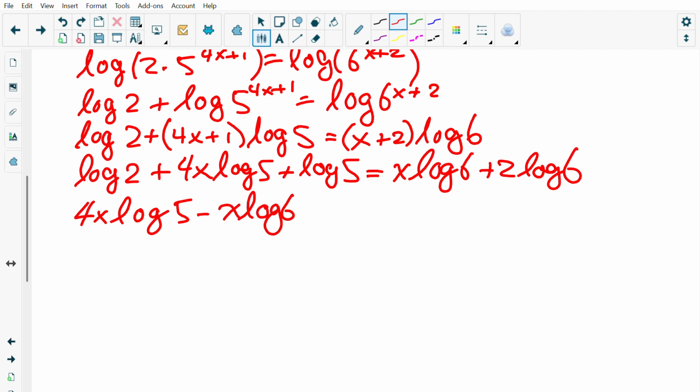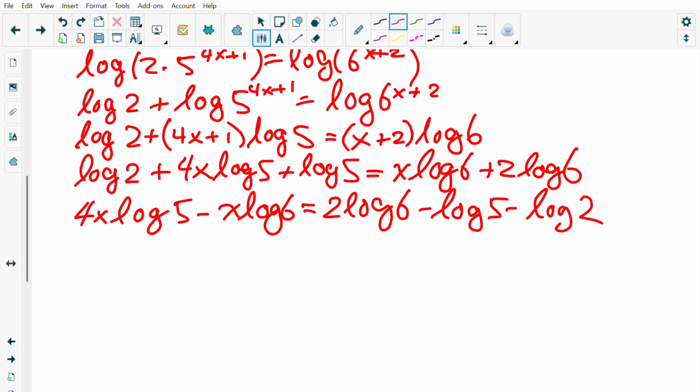Let's collect all the x terms on one side. 4x log of 5 minus x log of 6 equals 2 log of 6 minus log of 5 minus log of 2. Okay, factor out an x.